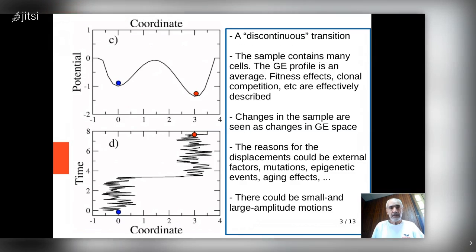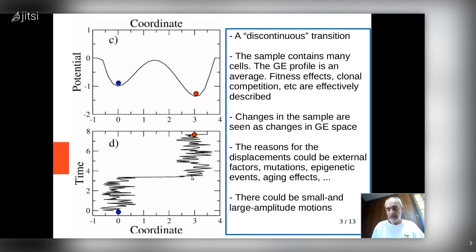Then the first idea we want to check with this first statement is that the motion from the normal to the tumor state cannot be due only to these small random motions. It is necessary to include in the model large jumps.